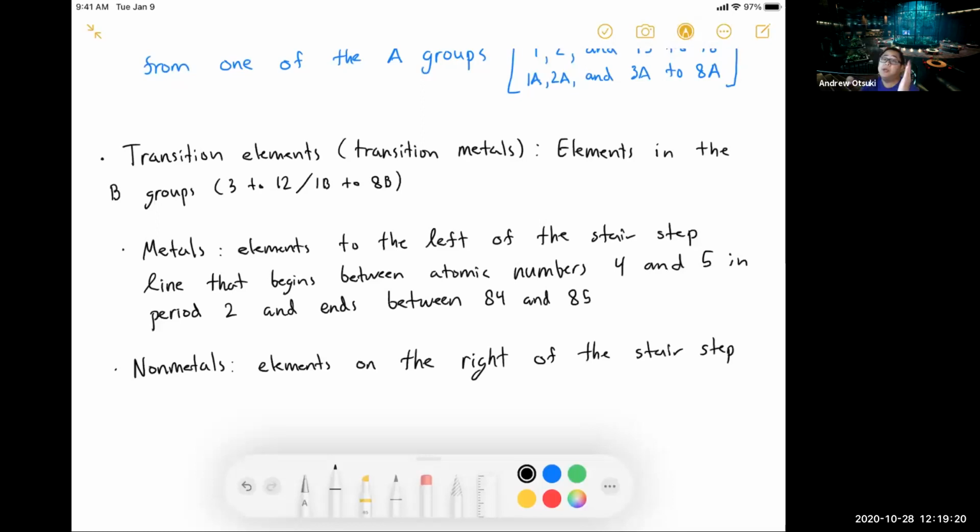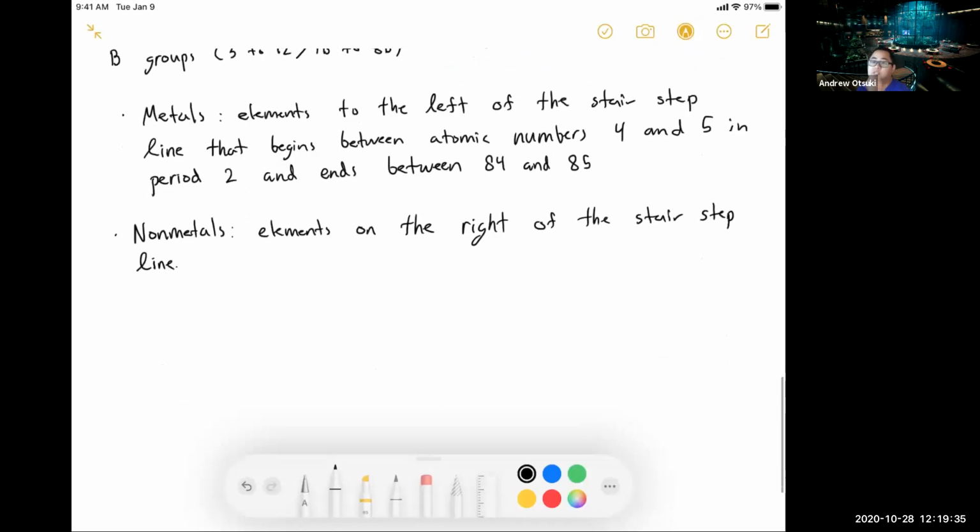So from that picture of the periodic table, everything to the right of that stair step is non-metal. Examples are fluorine, oxygen, neon, chlorine, sulfur. Those are all non-metals. So just because a substance is in a solid state doesn't mean it's a metal. It could be a non-metal or a metal.